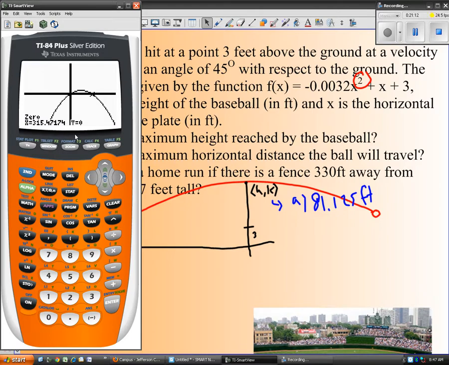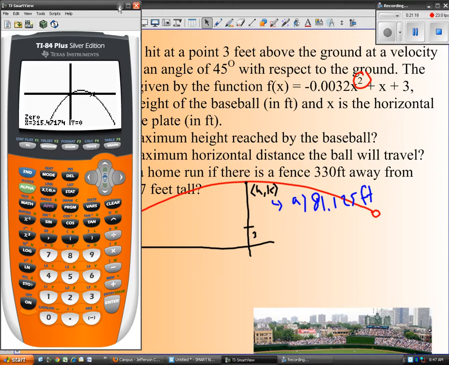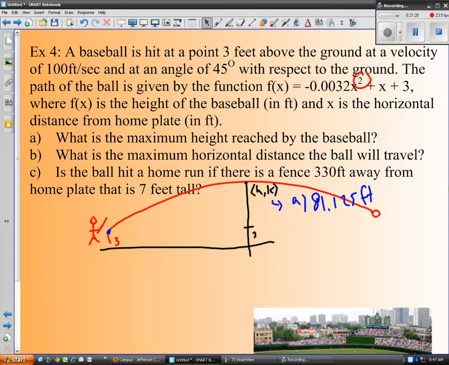So the maximum distance that I have for B was 315 feet, and it had some change on it. I didn't get that, but I think it was like 2.5. 315 feet, and then, is the ball a home run if the fence is 330 feet away? No, because the maximum distance was only 315 feet. So no is the answer to that one.